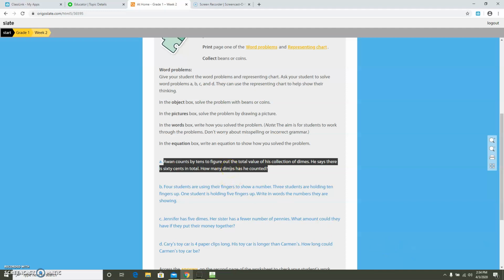You start with 10 and you go 10, 20, 30, 40, 50, 60. Y'all remember this. We do this every day. A wand counts by tens to figure out the total value of his collection of dimes. He says there is 60 cents in total. How many dimes has he counted?